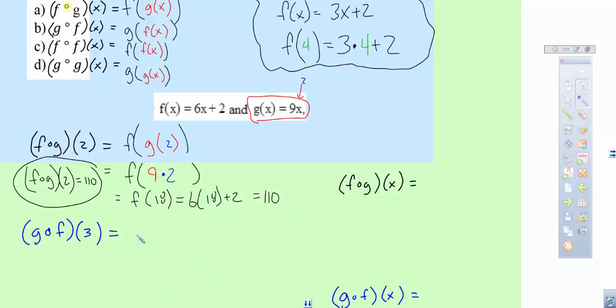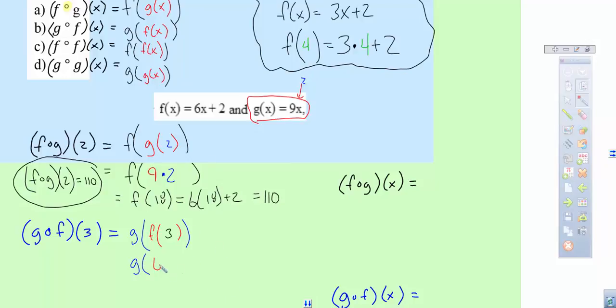On this one, we start off and we're going to do g of f, and we're going to plug in this time a 3 inside there. That means we have g composed of f.